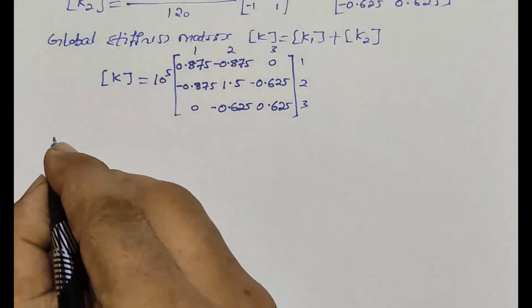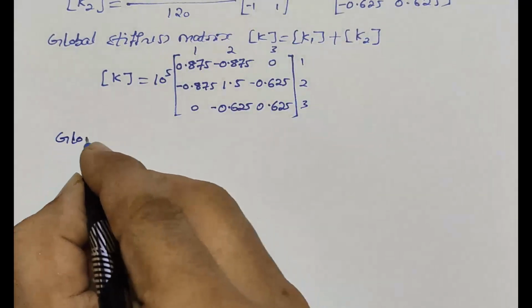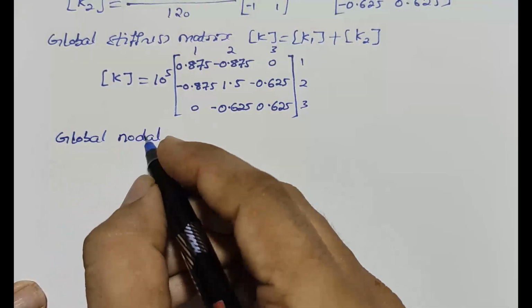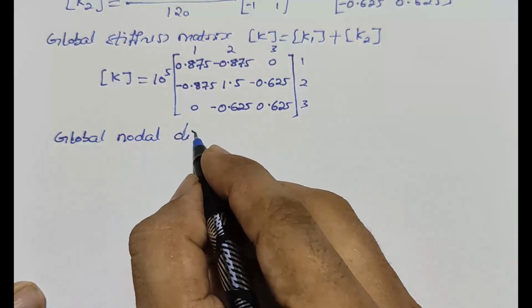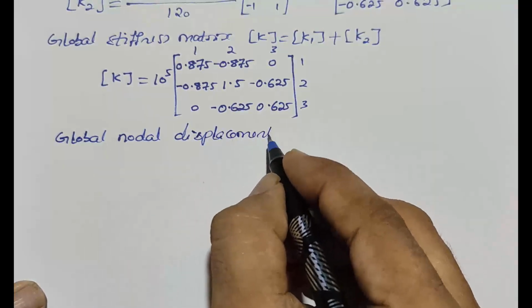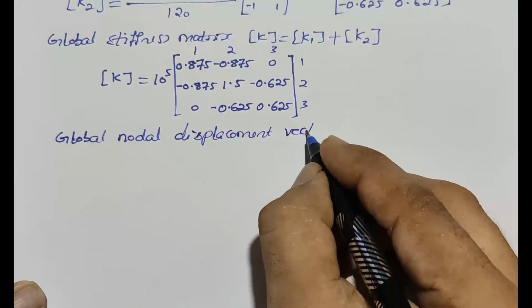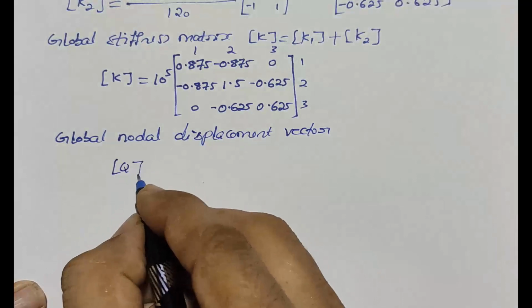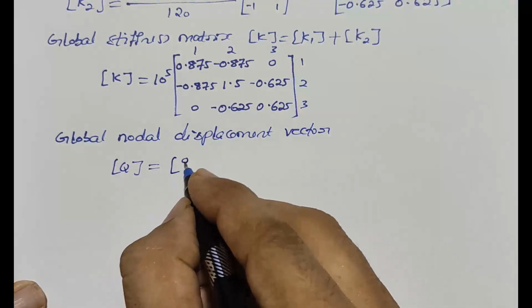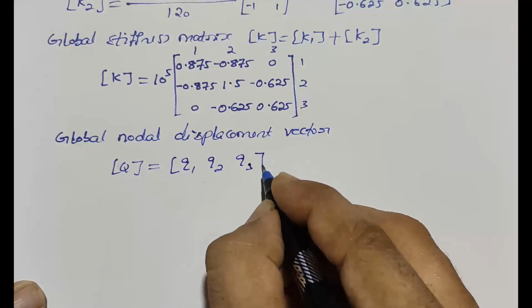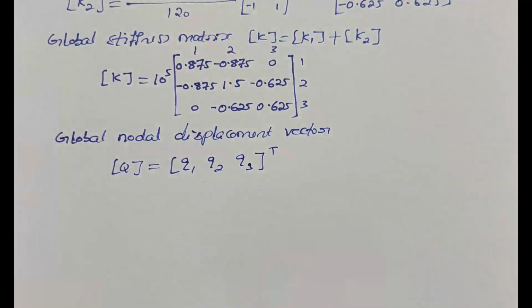Next is the global nodal displacement vector, that is Q is equal to Q1, Q2, Q3 transpose.